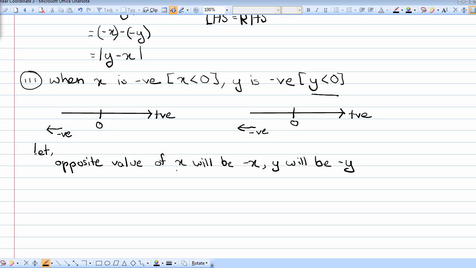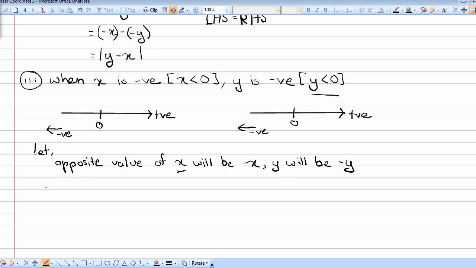Now we consider that this x now contains all the negative numbers. So this minus x refers to the positive side right now. This minus x now contains any positive real number that belongs to the positive side of the real number line, and the same thing goes for this y.